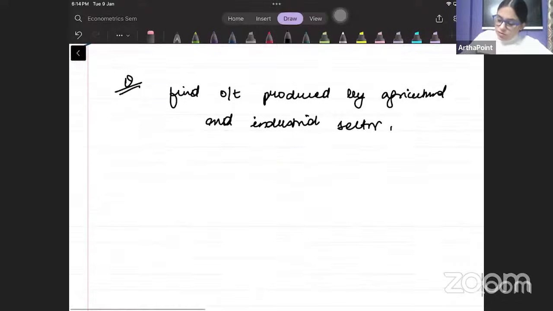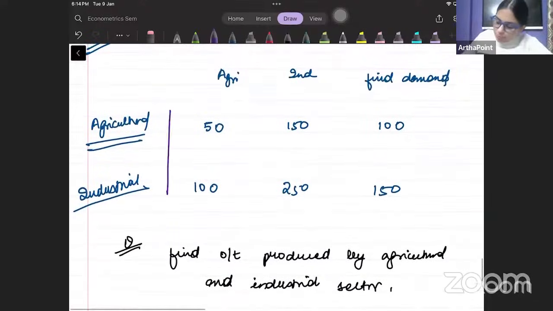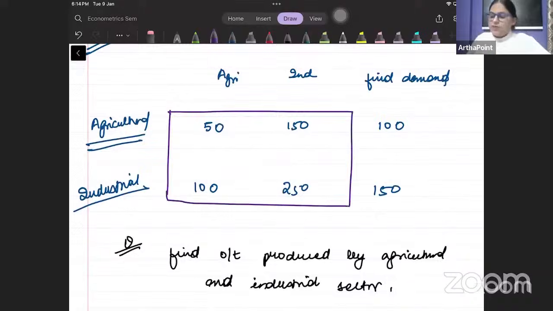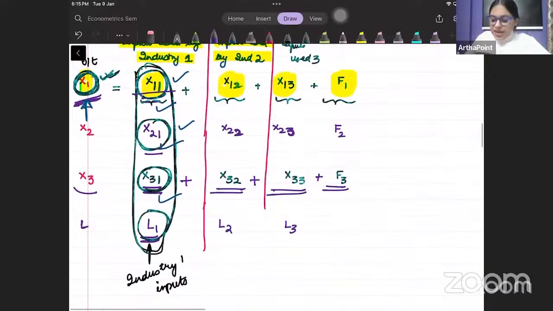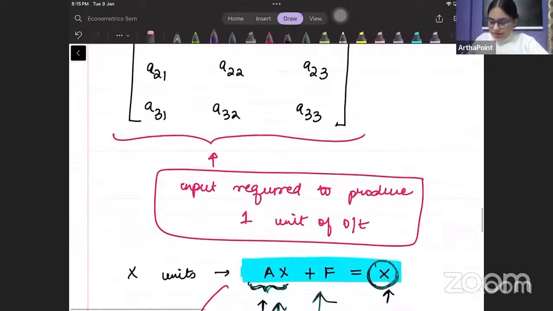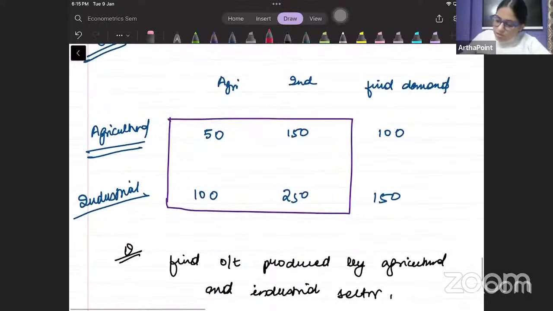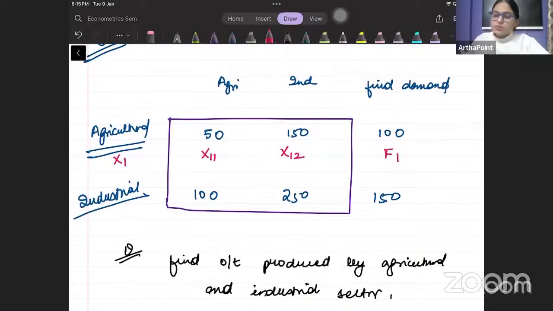But first of all, we need to understand that if I map this portion with what we have seen above, this will be x11, x12, x21, x22. So I am just writing it like this only. This will be x11, x12, this is industry 1. This is f1. This is industry 2. x21, x22, f2.